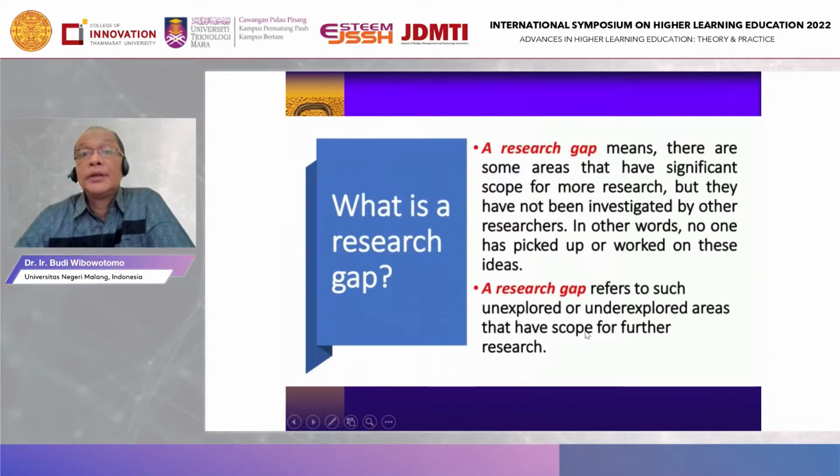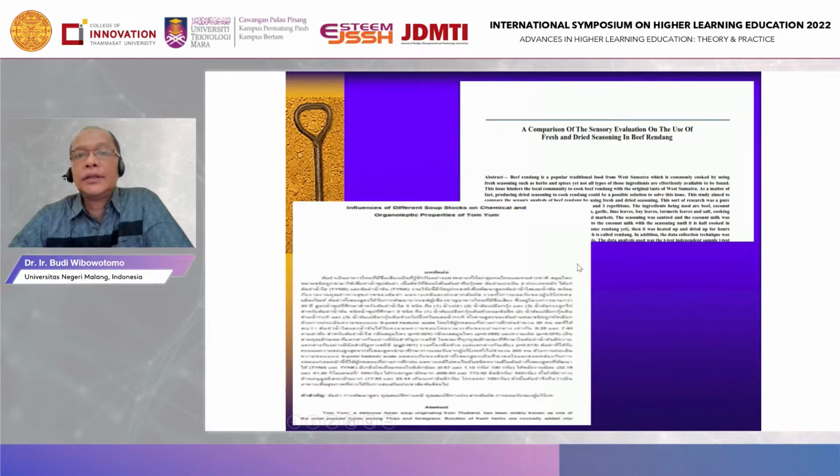If we look at these two examples, what are we thinking about the gap in those two articles? Maybe somebody can make a statement. What is the gap?